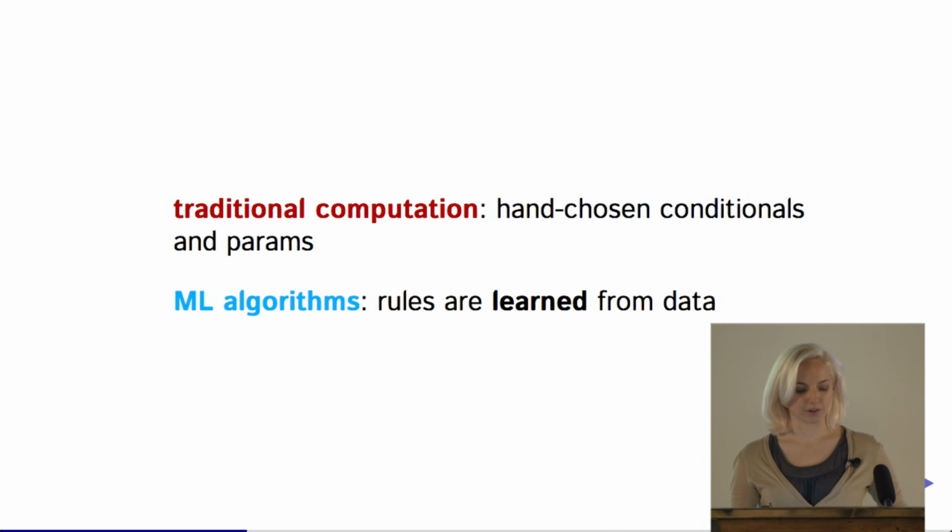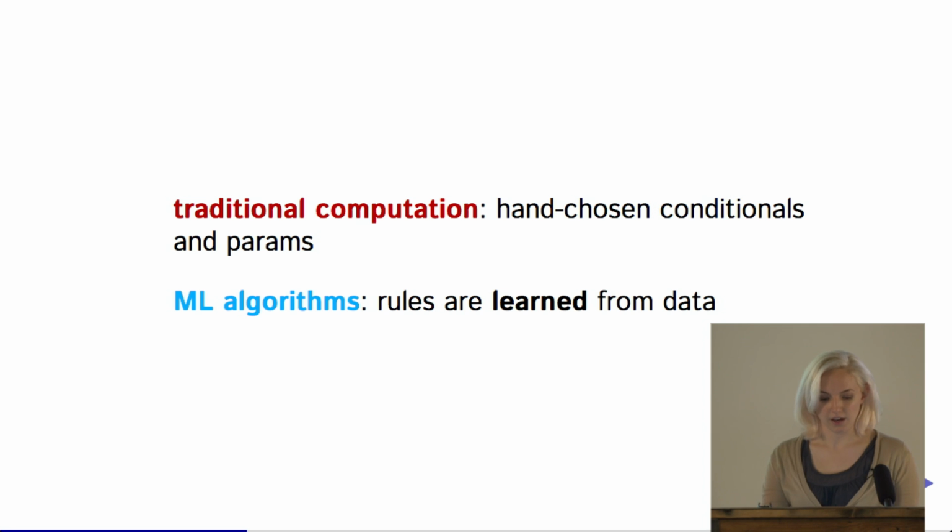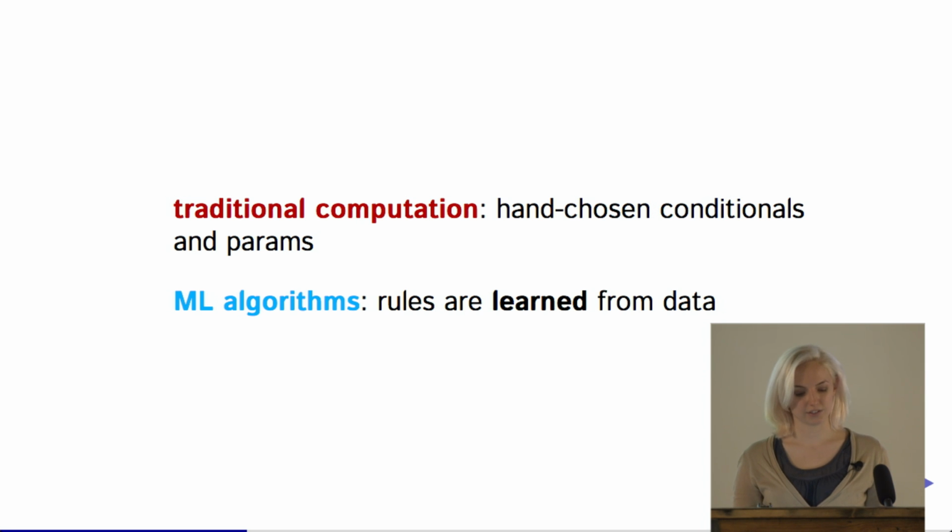And on the other hand, we have machine learning algorithms, where the rules are learned from the data. And so this is actually really powerful. And there are some applications, in fact, where a machine learning solution is the only really manageable solution to that problem. So basically machine learning, super important and super useful.